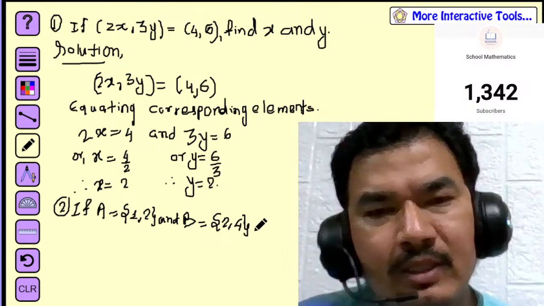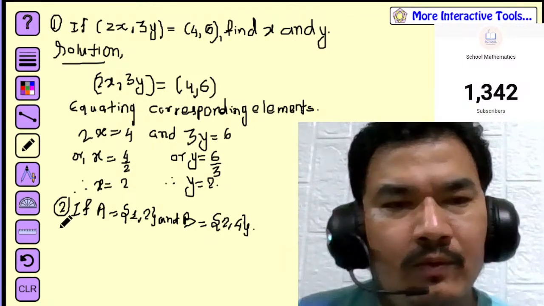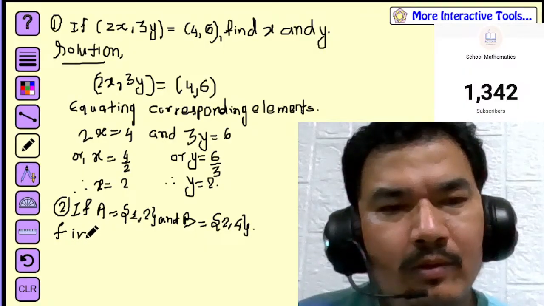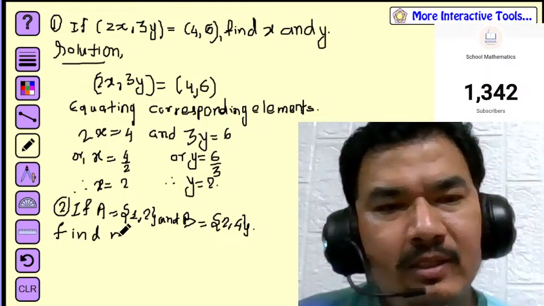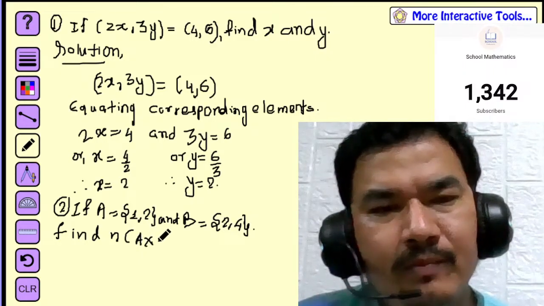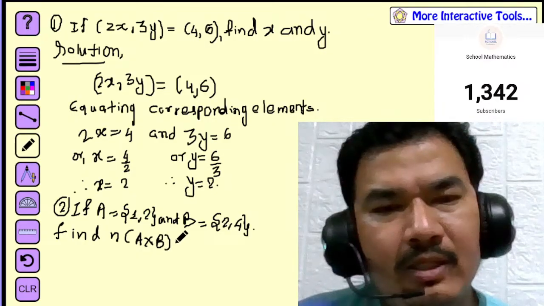And the question is asking, find n, the cardinal number of A cross B.